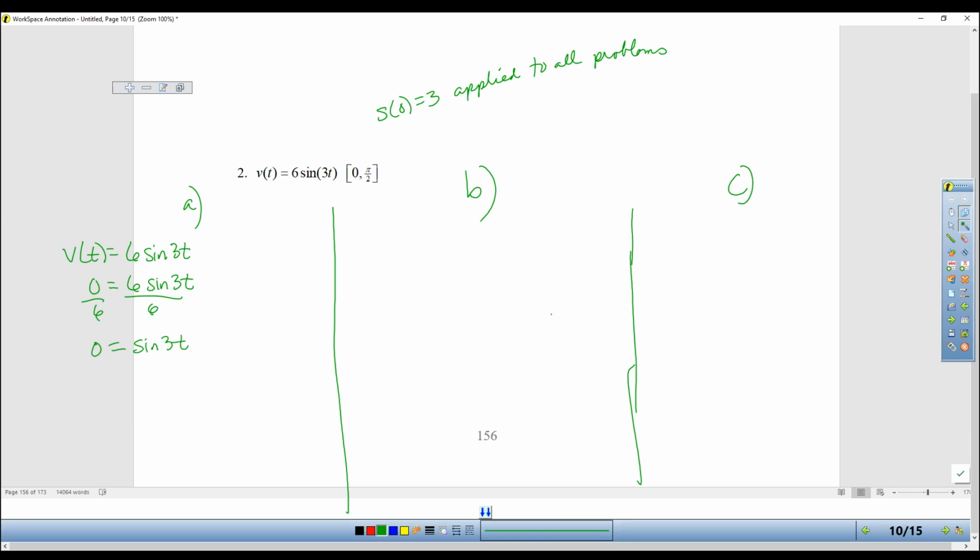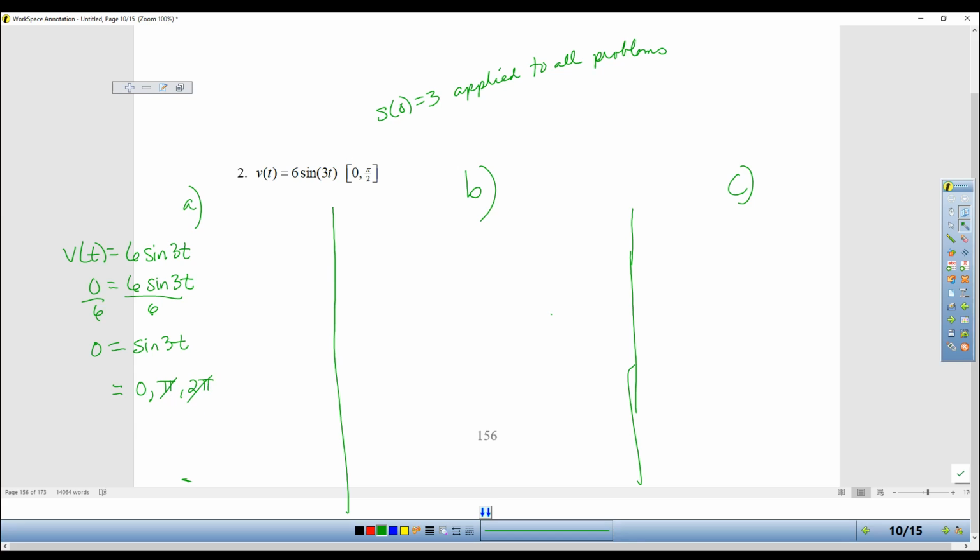So I don't know if you remember this, but what we used to do was we just solved it as if that 3 wasn't there. When is sine, just in general, equal to 0? So sine is equal to 0 at 0, at pi, at 2 pi. Oh, I don't actually need to know all that. I'm just going from 0 to pi halves. So it's equal to 0 just at 0.